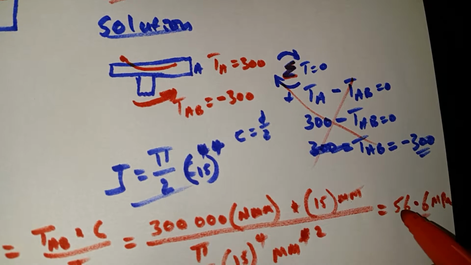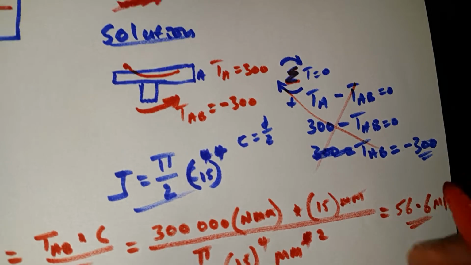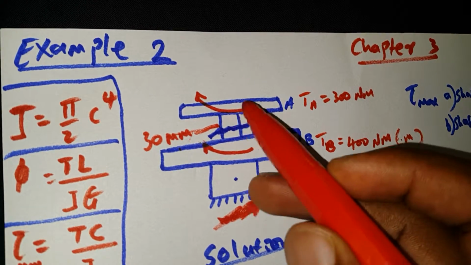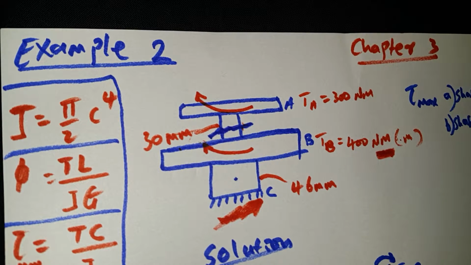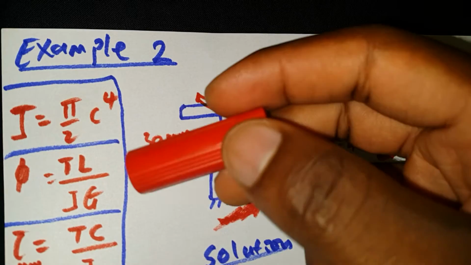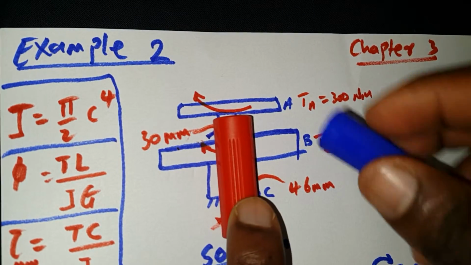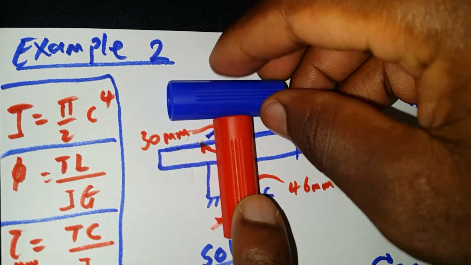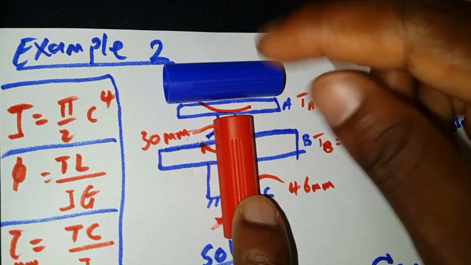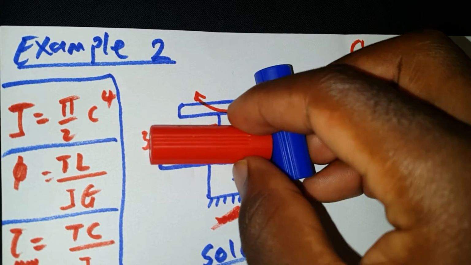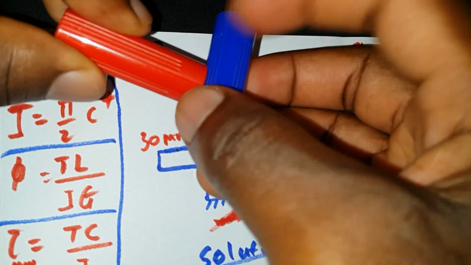Okay, so here, this is the shear stress in this shaft. Let me try to explain to you what this shaft is all about. This shaft is like this, and this one is like this, and the torque here is applying in the other direction. So let me shift it this way and bring it up here.